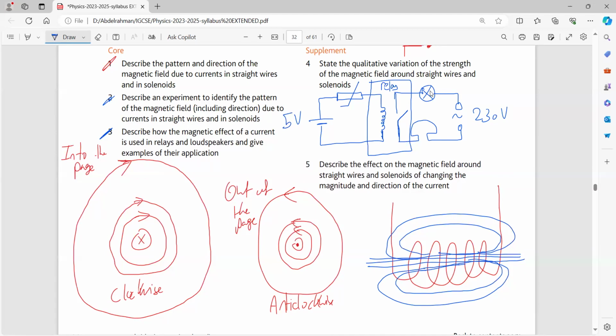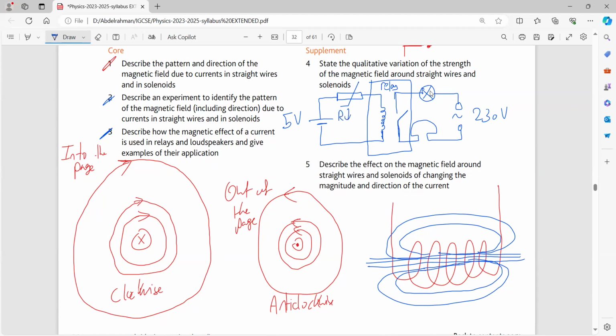This is actually a circuit for a fire alarm. This is a very simple circuit for a fire alarm. What does it do? We have on the left-hand side a thermistor. When the temperature increases, what happens to the resistance? Resistance decreases.